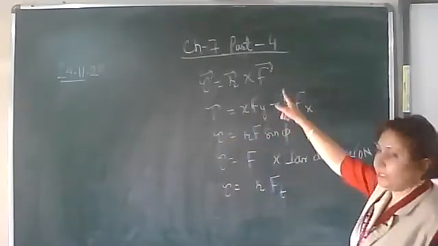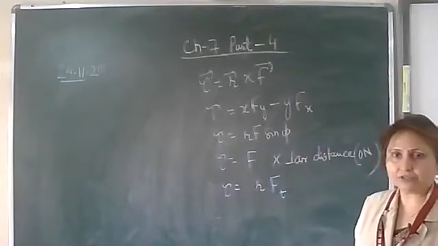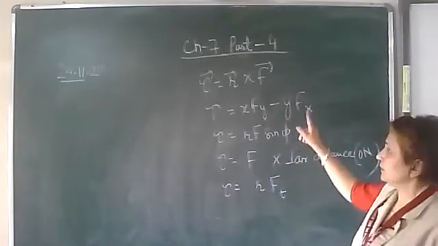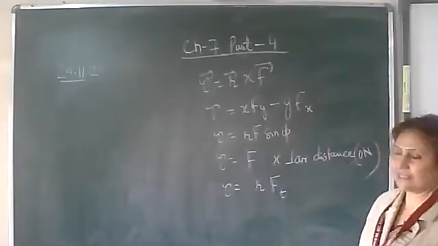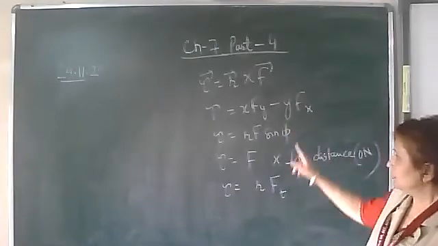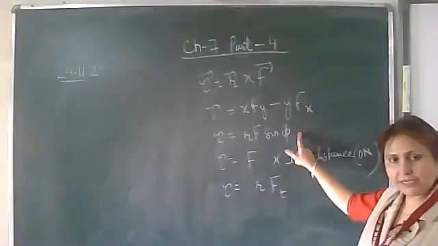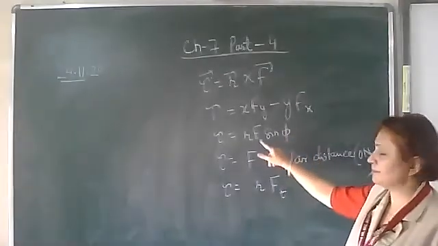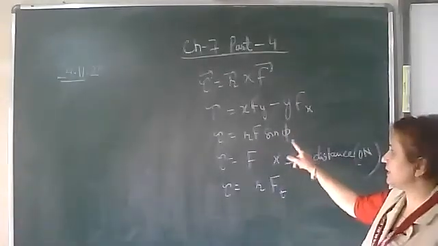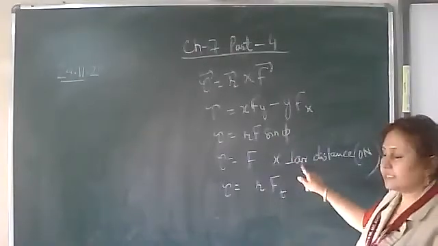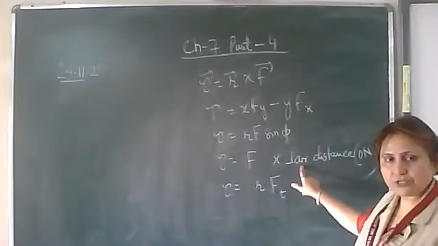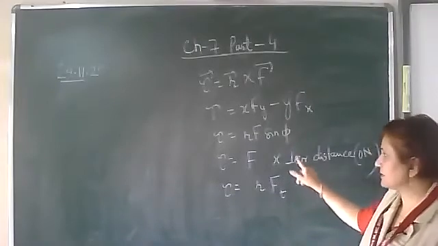So tau in vector form is r cross F vector. In Cartesian coordinates, x Fy minus y Fx. In terms of polar coordinates, if phi is the angle between r and F vectors, tau is equal to r into F into sine phi. This is also equal to force into the perpendicular distance from the axis of rotation.